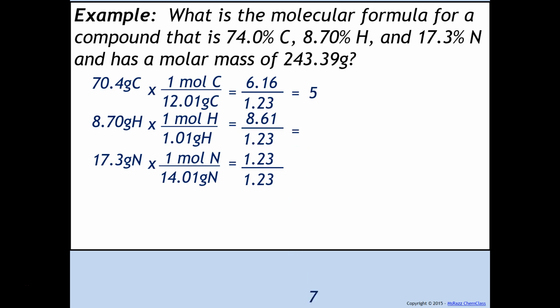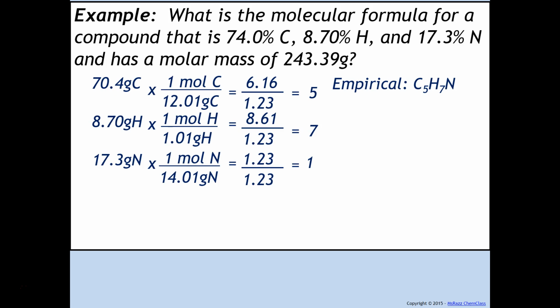We should be getting whole numbers here, but like we said, if we don't, then we'd have to multiply by whole. But in this case, we got all whole numbers. There are no decimals, so we can move on to the next step: these are the subscripts for the compound. That means we have C5H7N. So that's the empirical formula.